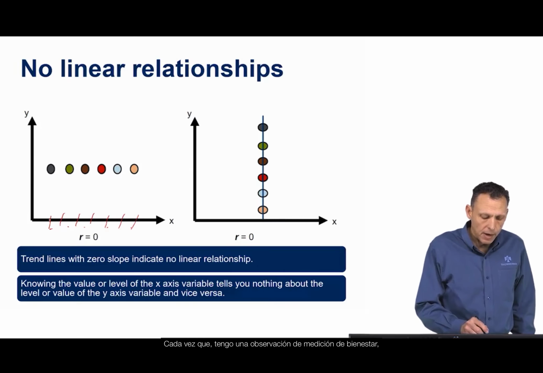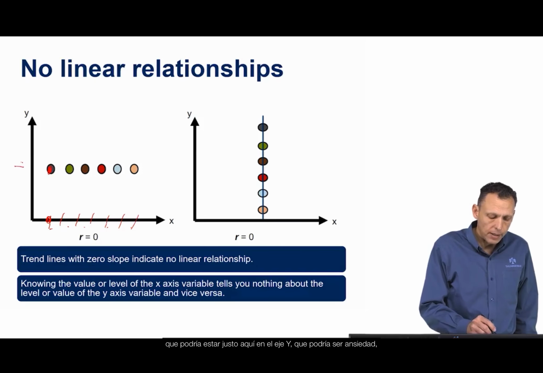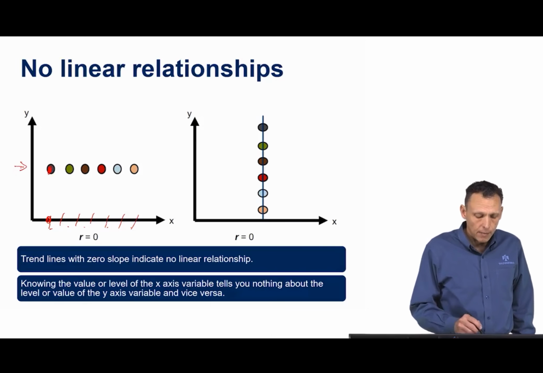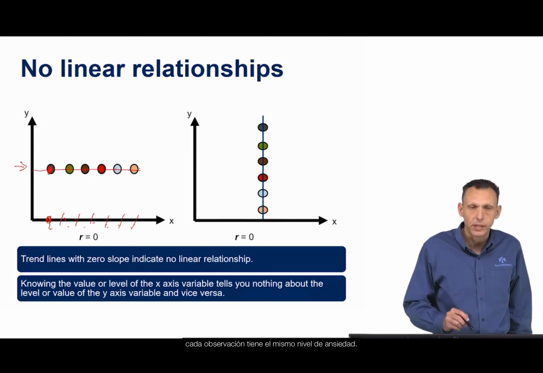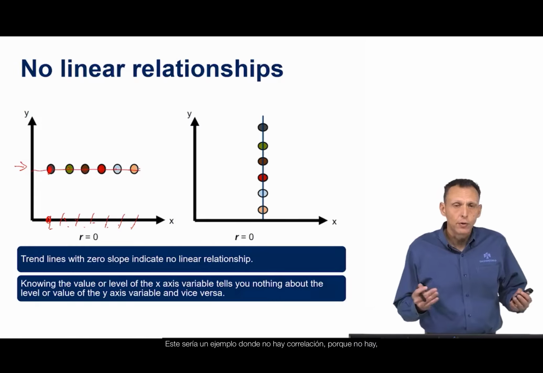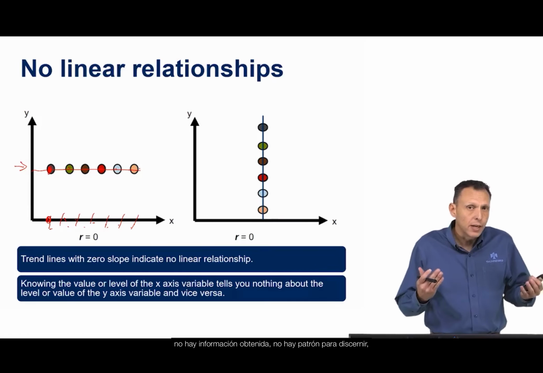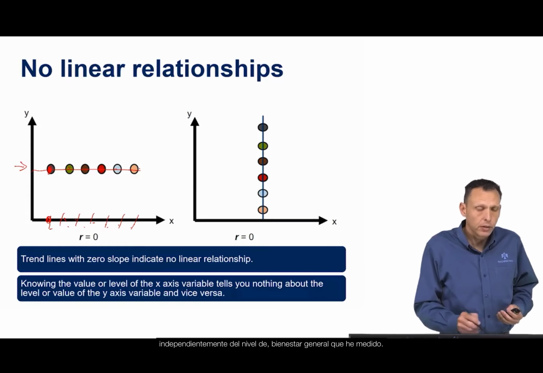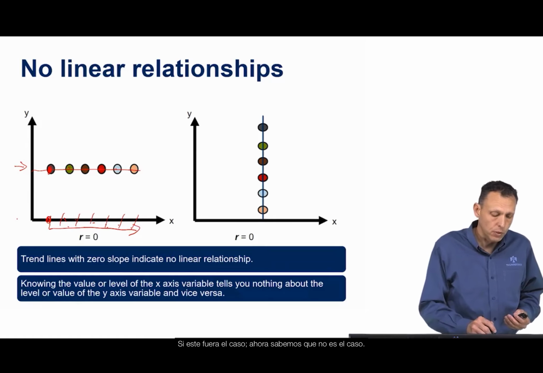Every time I have an observation of well-being measured, and the y-axis might be anxiety, I don't gain any new information, no matter what level of social well-being I've actually measured. We can see every single observation has the same level of anxiety. This would be an example where there's no correlation, because there's no information gain and no pattern to discern, regardless of the level of general well-being that I've measured, if this were the case.